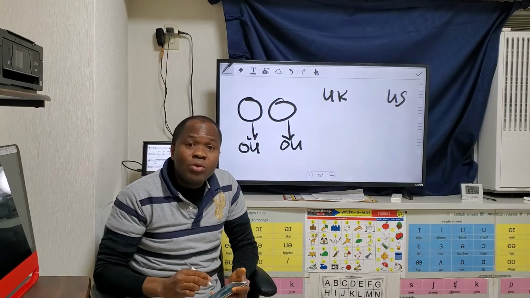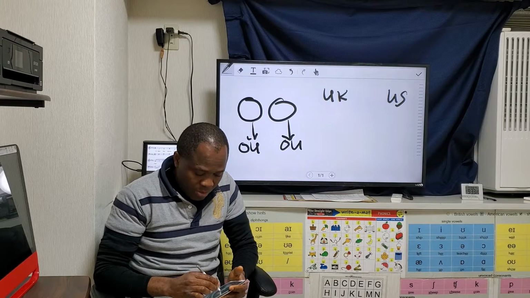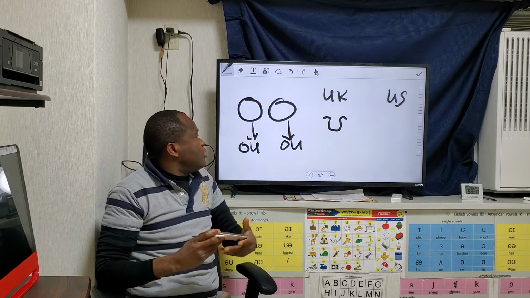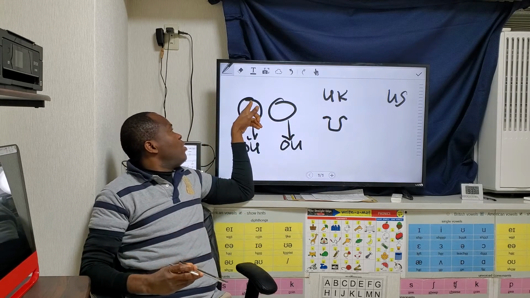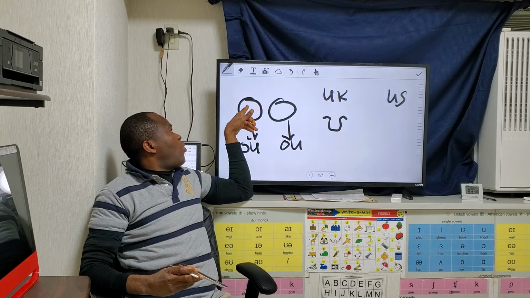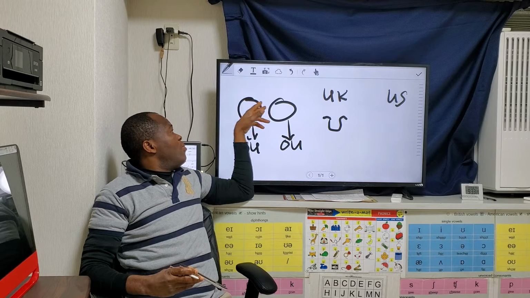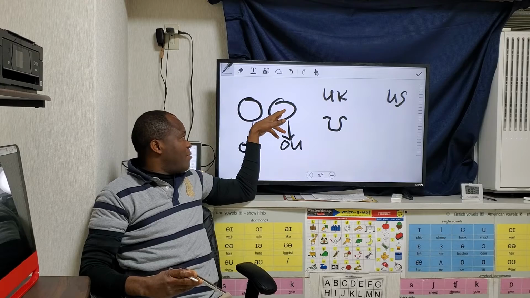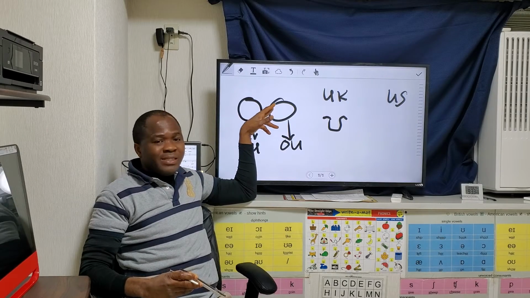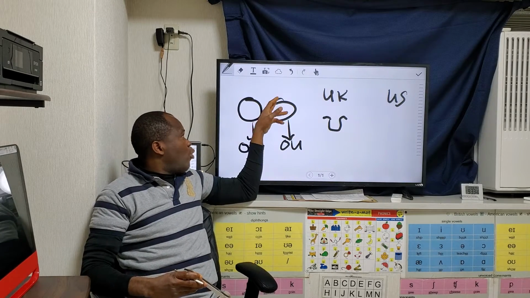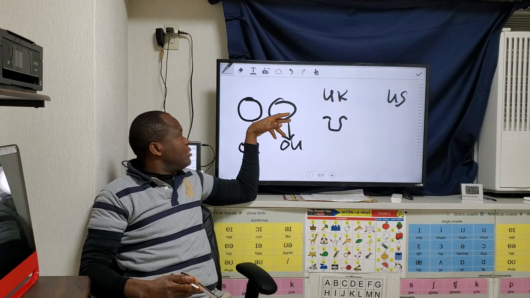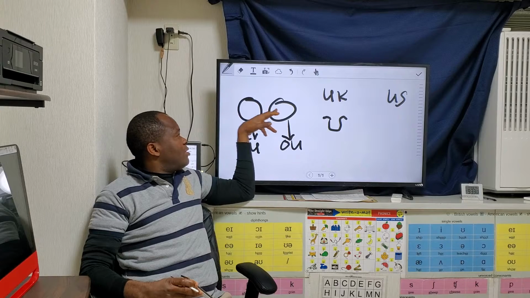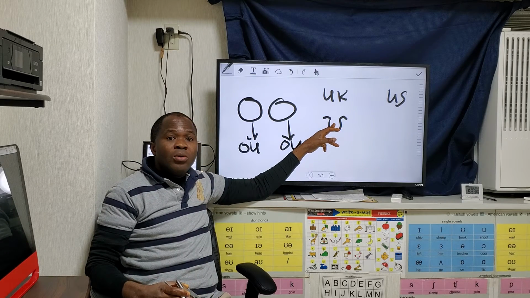We have the symbol ʊ. It means that this OO is vowel blending. It is a two-letter grapheme, but it's a vowel blending, double vowels. The sound under UK is ʊ.